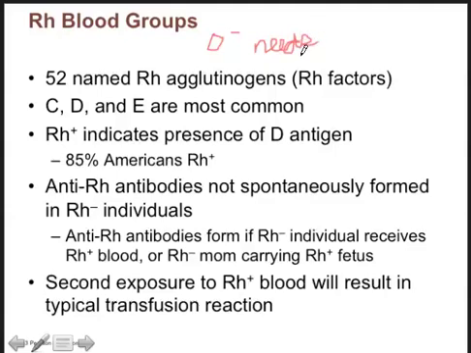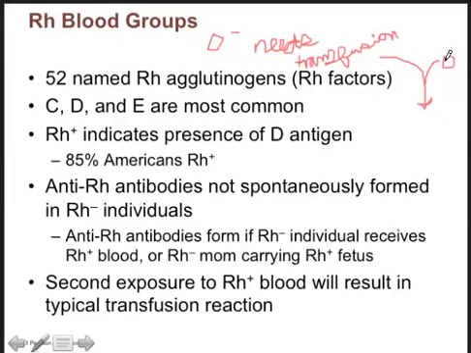And then one day this O negative individual needs some blood. Needs a transfusion. Okay? All right. And let's say this individual goes to the local hospital and they get a transfusion, but they happen to get a transfusion of O positive blood.